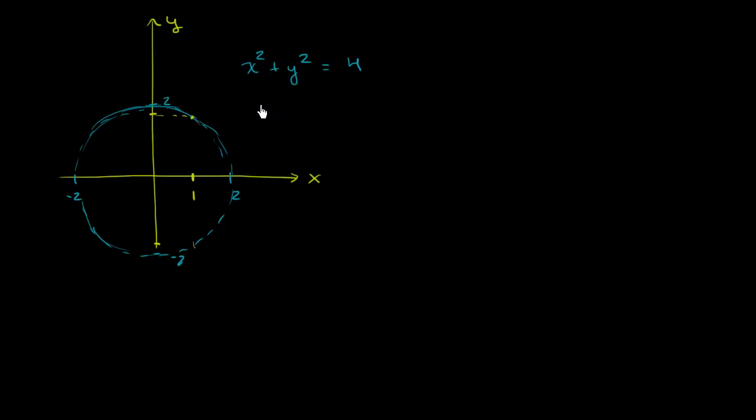And we can even solve for that by looking at the equation. When x is equal to 1, we get 1 squared plus y squared is equal to 4. 1 plus y squared is equal to 4. Or, subtracting 1 from both sides, y squared is equal to 3. Or y is equal to the positive or the negative square root of 3. This right over here is the positive square root of 3, and this right over here is the negative square root of 3.